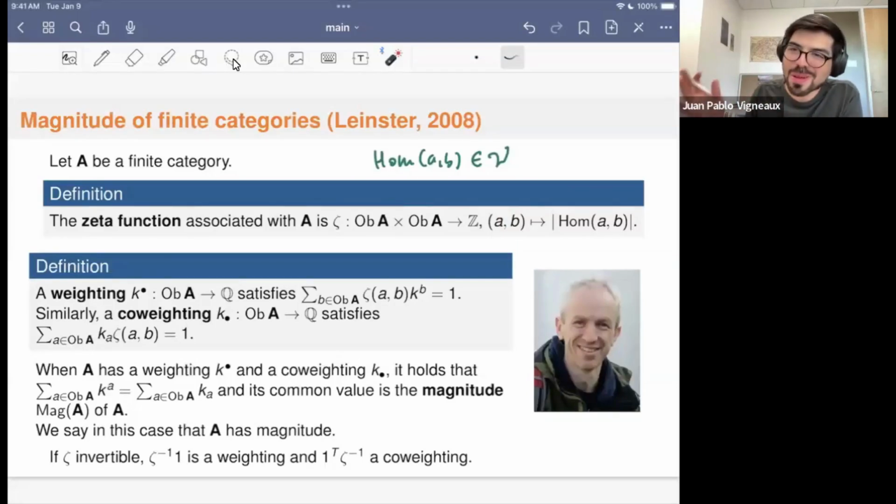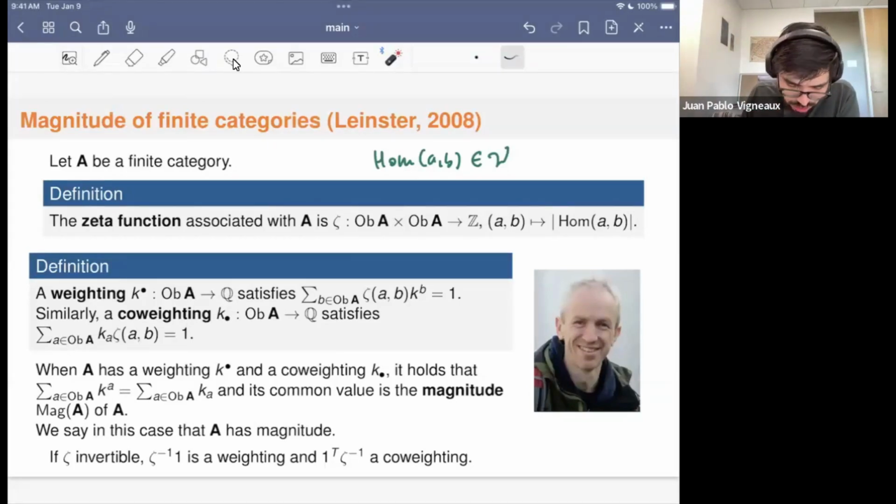But if you don't want to think about enriched categories, you could simply think that this is the cardinality of the homomorphism set. And of course, you recover the poset case because in the poset case, you can encode it as a category where each inequality becomes just a single arrow.